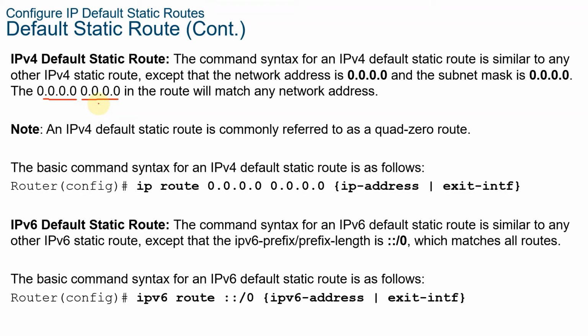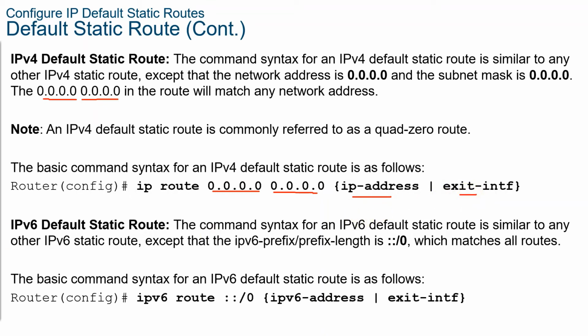Take note that an IPv4 default static route is commonly referred to as a quad zero route. The basic command syntax for an IPv4 default static route is ip route, the quad zeros, then the next hop IP address or the exit interface.